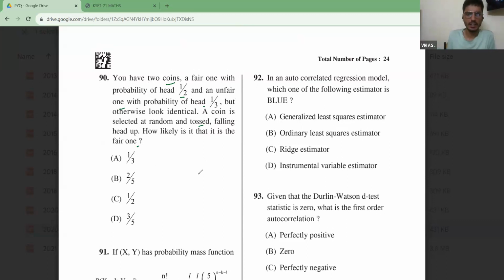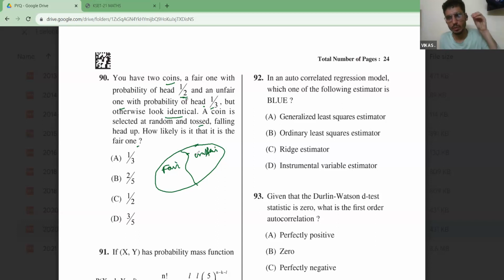So if you see that you have a population divided into two parts, this is fair and this is unfair. There are two coins put on a table, and you can choose any coin. They otherwise look identical, but they have different probability of getting heads.